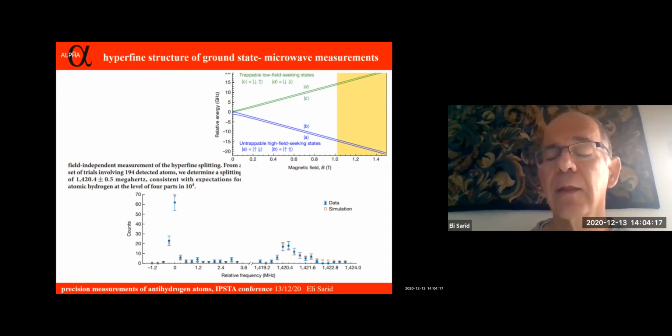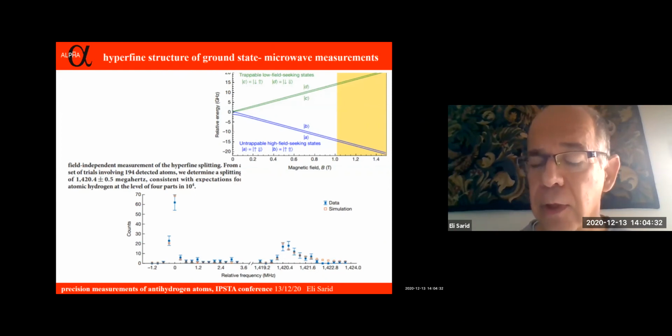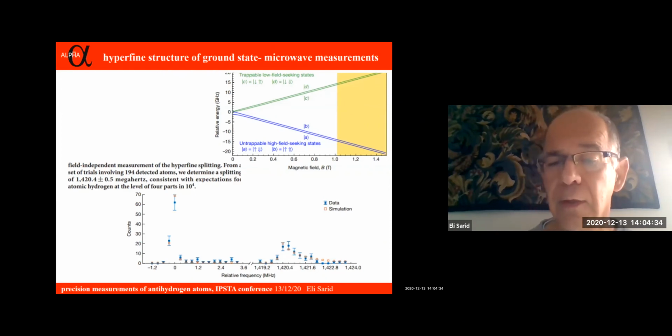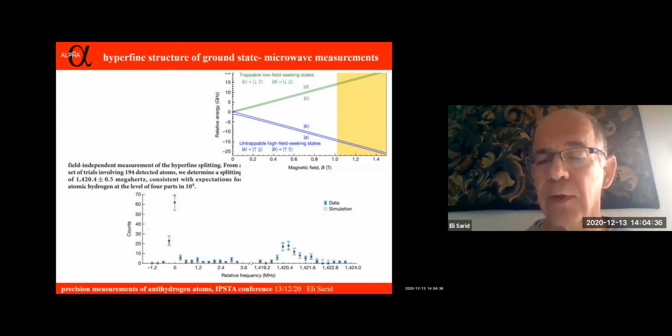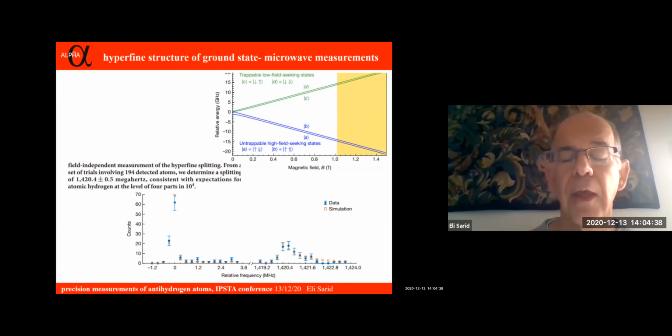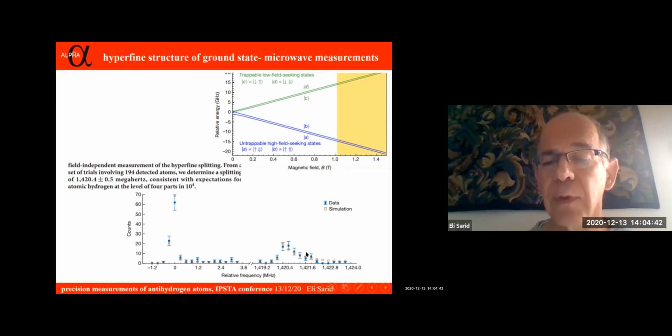Here we need to scan the excitation radiation frequency, and for every frequency that we use, see if we're able to take atoms from a trapped state to an untrappable state and get annihilation. So our signal to noise is excellent because we measure just antimatter annihilation. And we are able to come out with such a spectrum here.